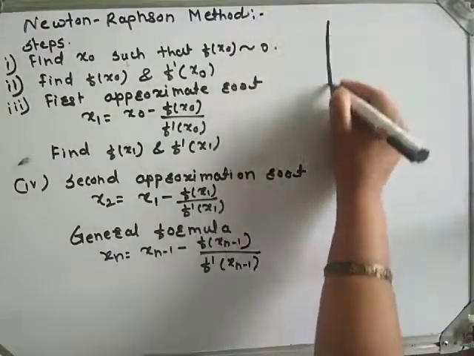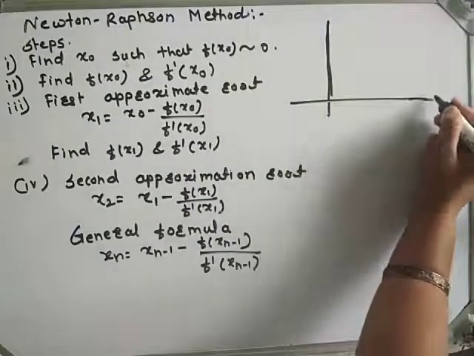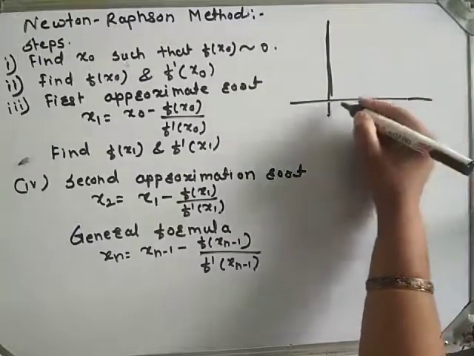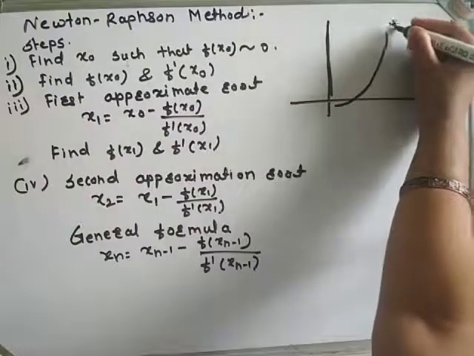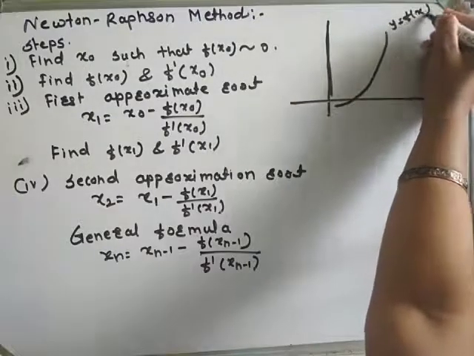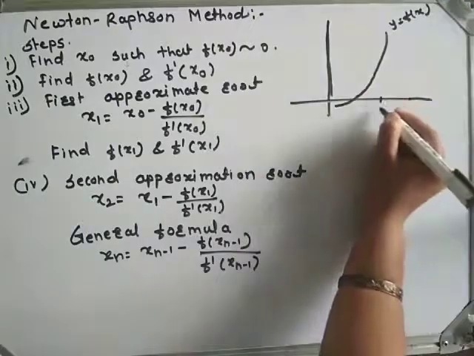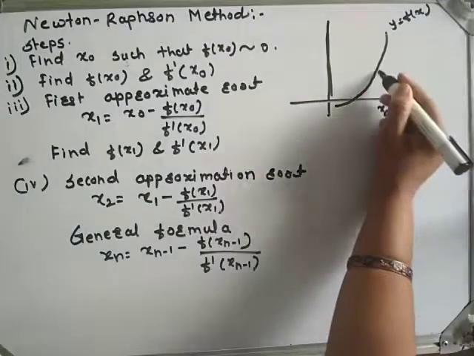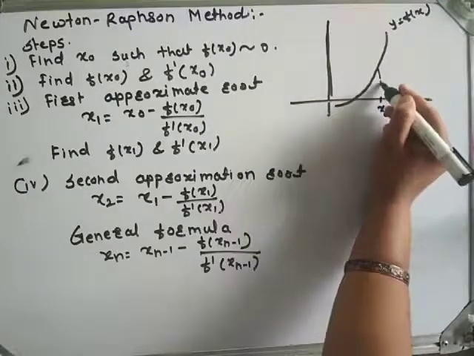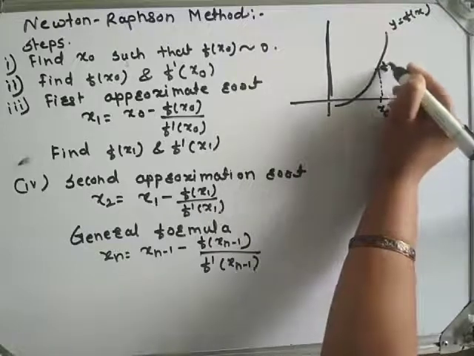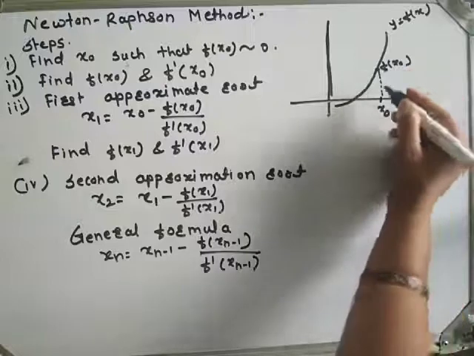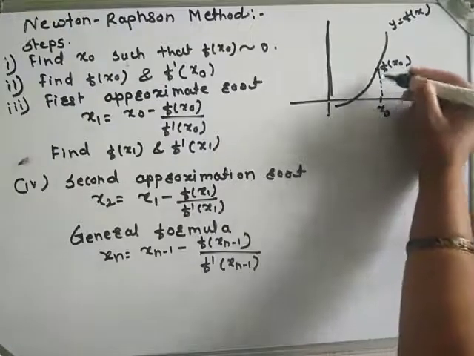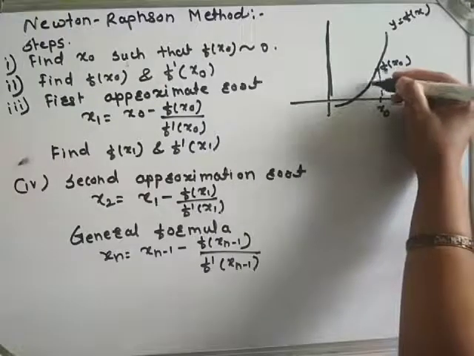Now we will see the graphical representation of this method. Suppose this is the graph of a function y = f(x). Suppose here is x0. This is f(x0). Draw a tangent line at the point f(x0).